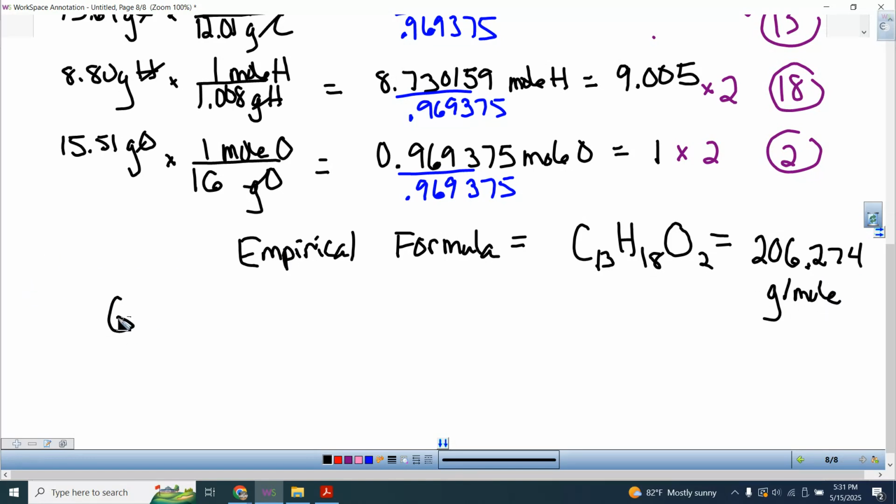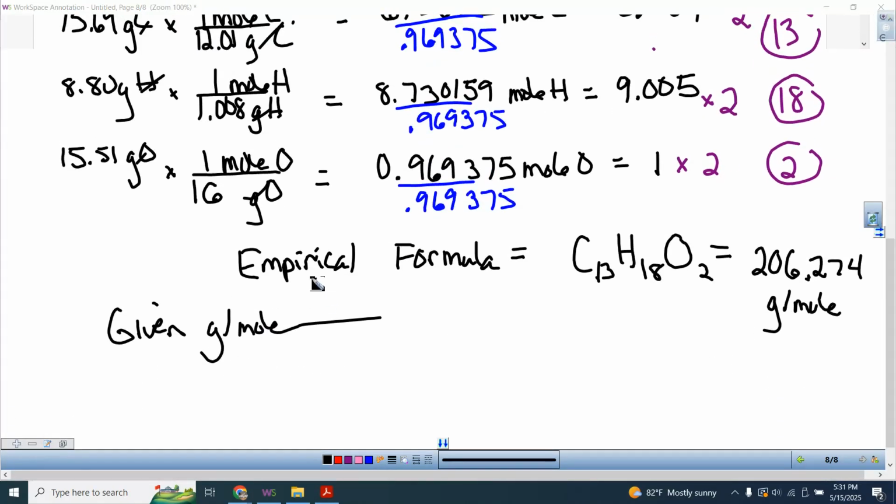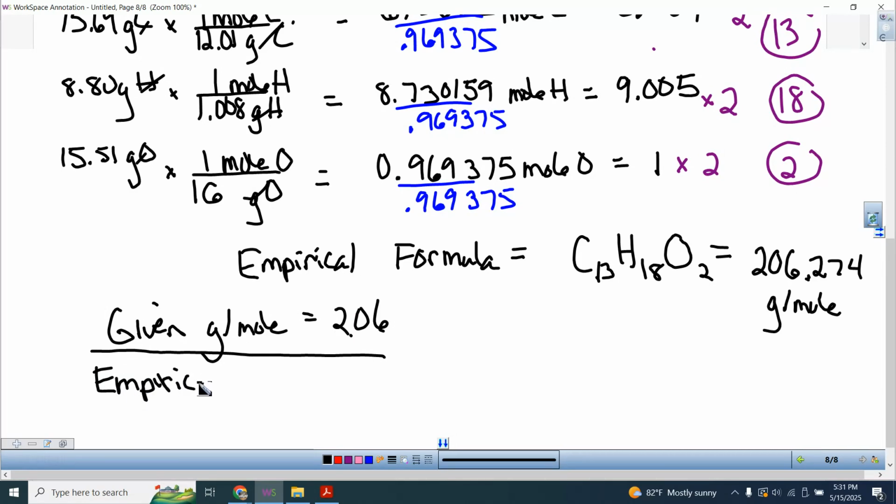Okay, so my given grams per mole provided to you in this question was 206. And my empirical formula grams per mole is this 206.274.